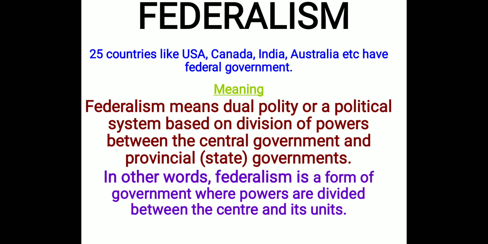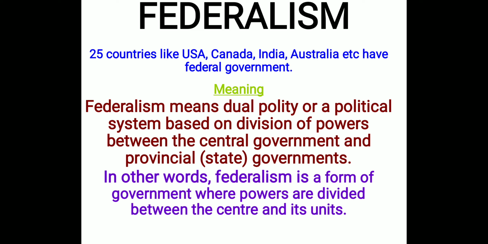At one level, there is the central government, which is called union government also, which is called federal government also, which is called national government also. On the second level, that is at the state level, it is a state government or a provincial government.